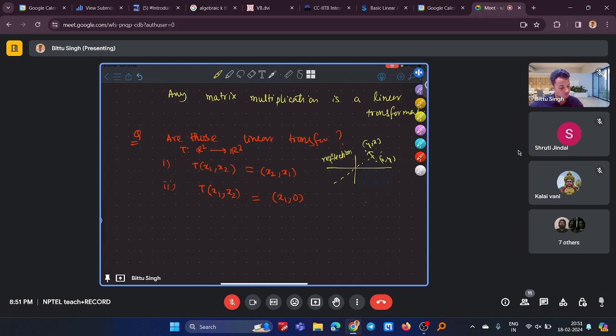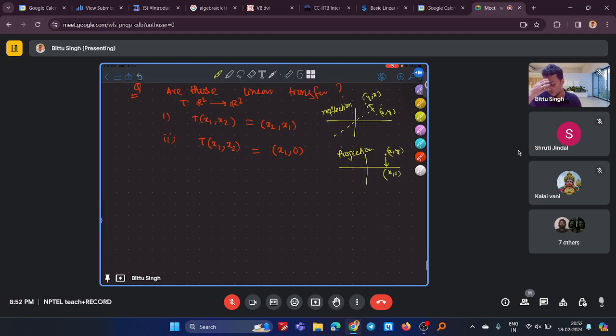And the second one is projection. It projects everything onto the x-axis. x comma y actually goes to x comma 0. Are those two operations linear transformations or not? What will be the answer?